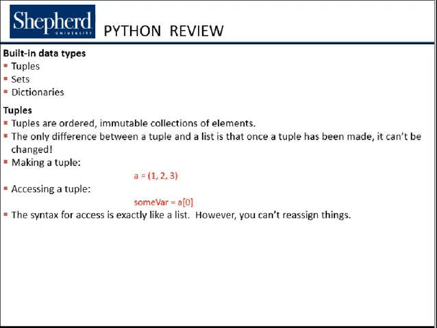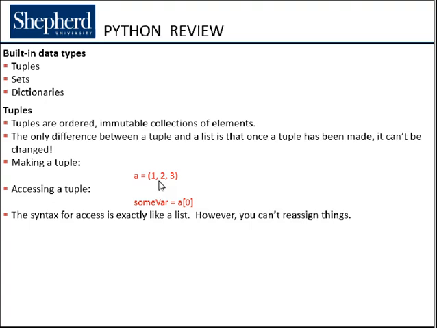So in addition to list, we have some other useful built-in types. Tuples are immutable collections of objects, in other words, elements. You cannot change a tuple once it's been made. So here we see an example of a tuple.